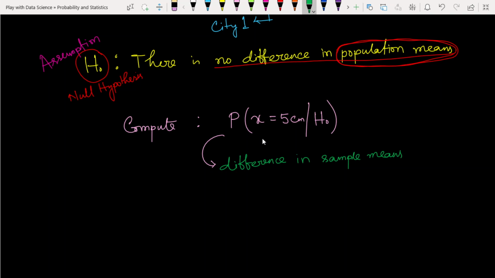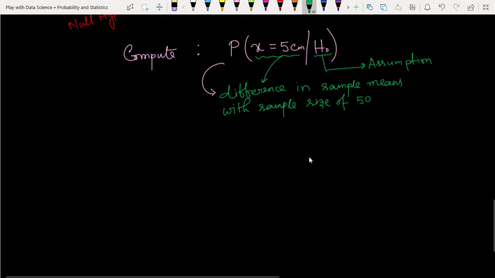I am talking about differences in sample means with a sample size of 50, and these are our simple assumptions.